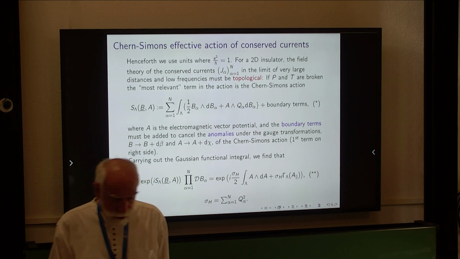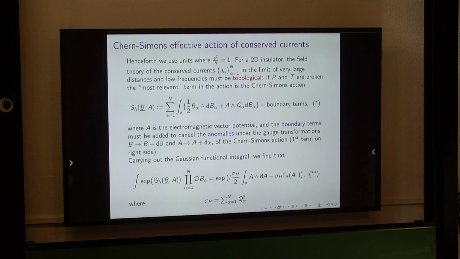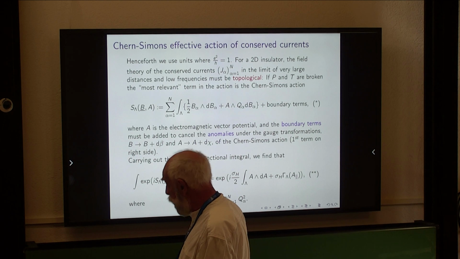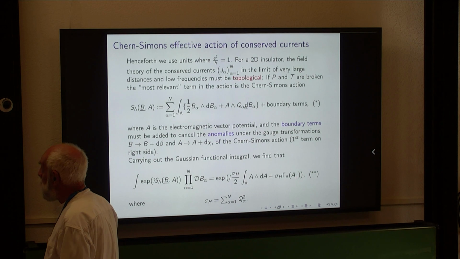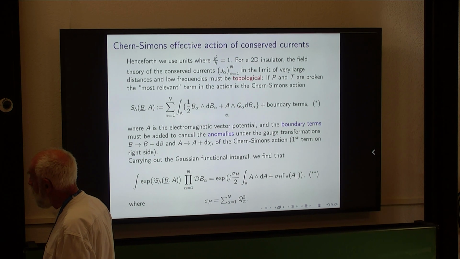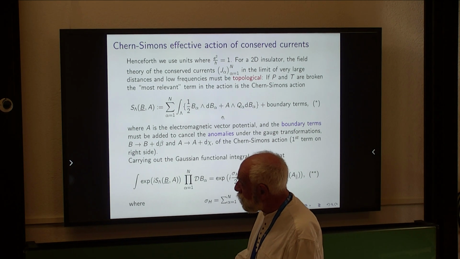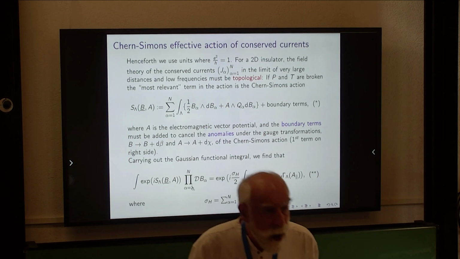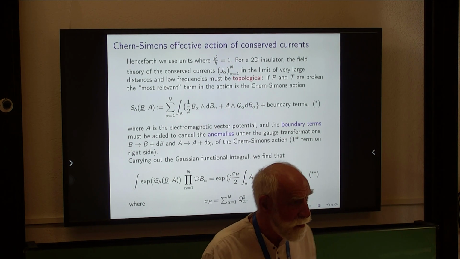And then, since we have to reproduce the effective action of the Hall insulator, we can guess that the action for these conserved current densities J alpha is a Chern-Simons action, and the current J alpha is given by Q alpha dB alpha, which couples to the external vector potential A. So that's in fact the complete action of the system in an external vector potential A up to terms that are less relevant, that have higher scaling dimensions.